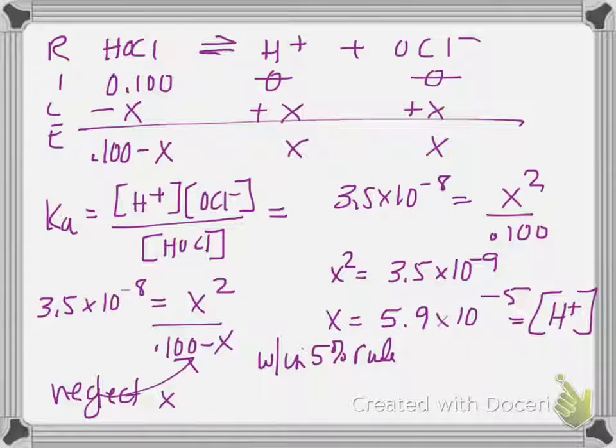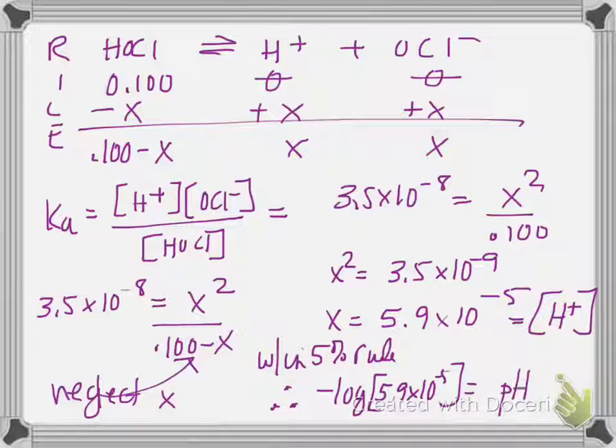So that when you can say this, therefore, negative log of 5.9 times 10 to the negative 5 is equal to a pH of 4 point, what do I need here? 23. Technically, they gave us 0.100, so 4.23. I can't fit my zero. There I go. Okay?